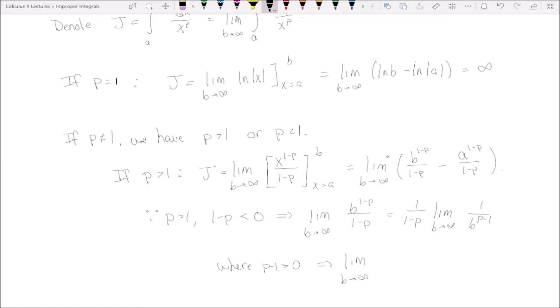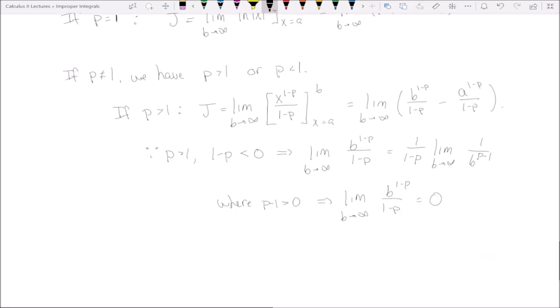Meaning that this limit is 0. So we can therefore conclude that J is negative a to the 1 minus p over 1 minus p, which is equal to a to the 1 minus p over p minus 1.